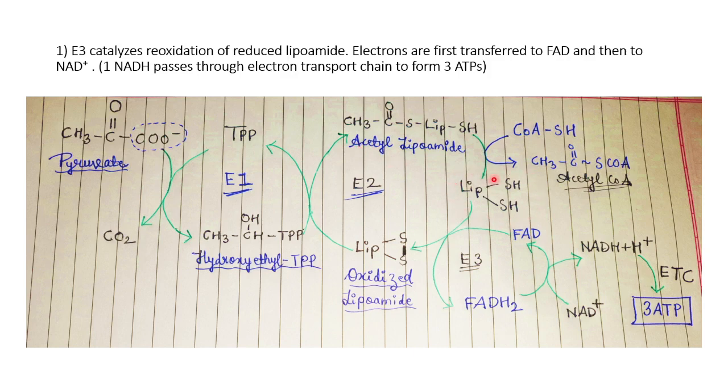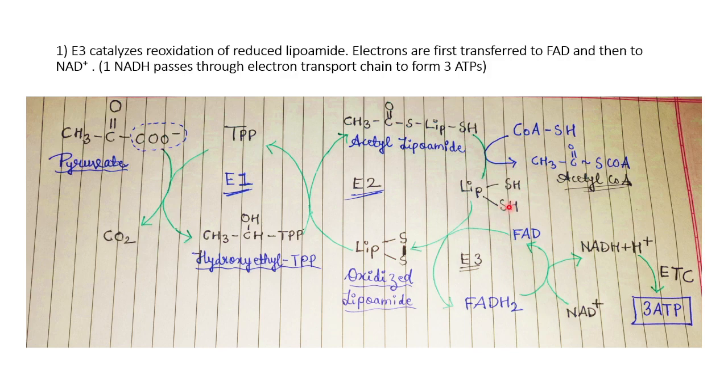So this is reduced lipoamide and the acetyl group will combine with coenzyme A to form acetyl coenzyme A. Acetyl group plus coenzyme A will form acetyl coenzyme A, and the group which is left is reduced lipoamide with 2 hydrogen atoms as shown over here, SH.